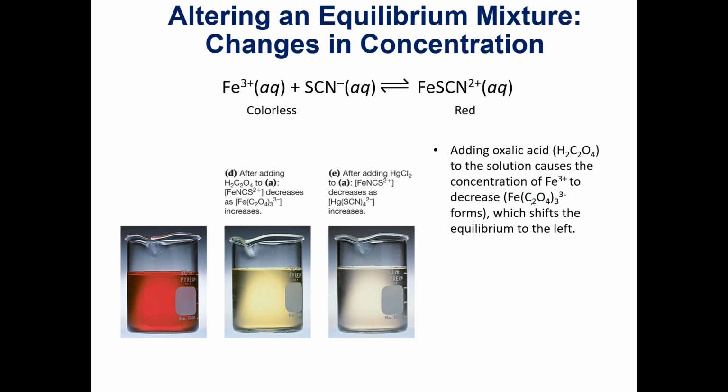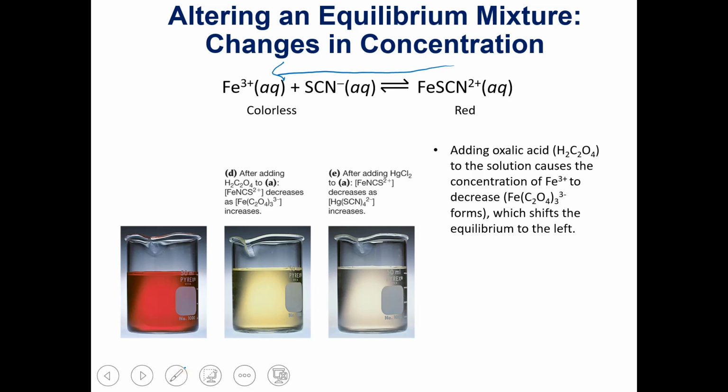So we decrease the concentration of iron, so our reaction is going to shift back towards reactants to produce more iron. Now the reaction with iron and thiocyanate, our reactants, is colorless. So you can see in the picture where we get some of this iron complex with the oxalic acid, we end up with a more colorless solution than we had to start with.